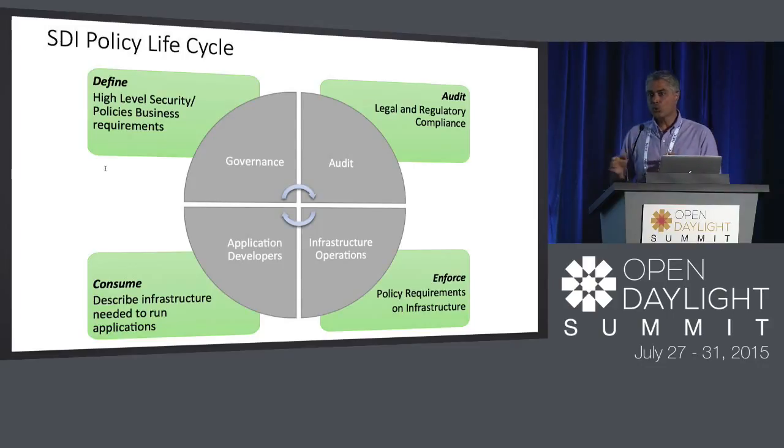The next is the consume. This is where the example of the intent comes in, right? Now you have policies which are described, and now you're going to use your infrastructure. This is where the application will use it, or something else would use it. The third one is how you enforce. So basically you're enforcing the policies on the infrastructure, right?